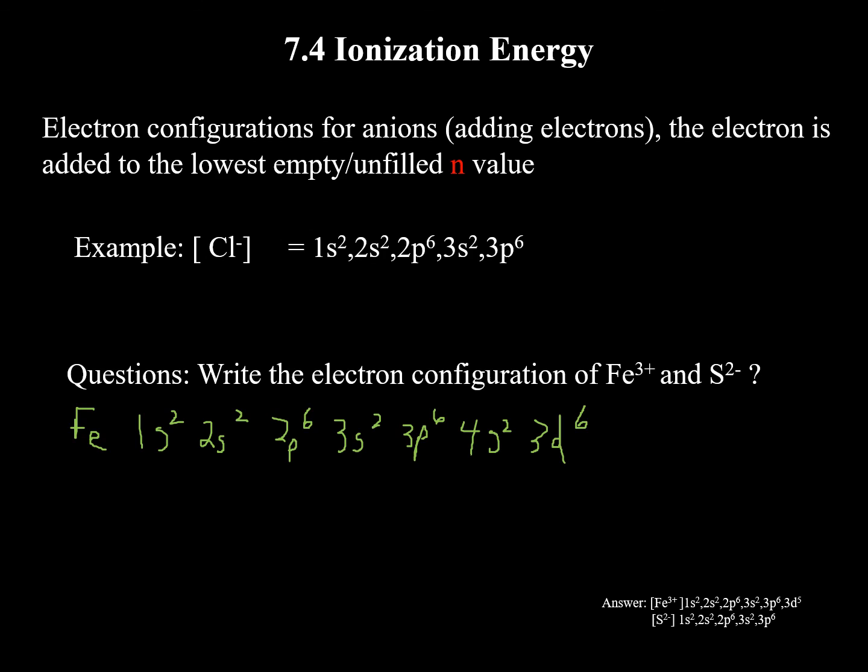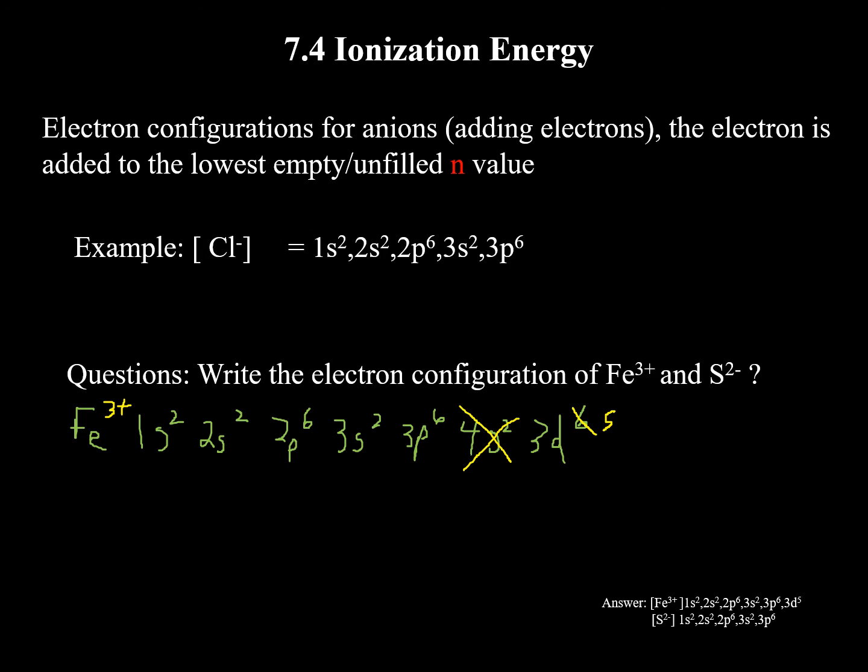However, it's 3+. The question is 3+. So we remove the two electrons here. And we also remove one here from the 3d. So from the 6, it becomes 3d5. So the electron configuration for iron 3+ would be 1s2, 2s2, 2p6, 3s2, 3p6, and 3d5.